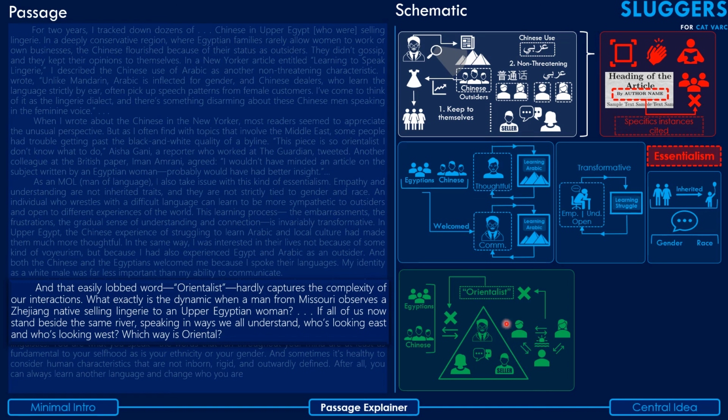And he goes on to make a very generic and strong point here, on a fundamental level, where he's saying that if all of us stand beside the same river, now he's not actually literally talking about standing beside the same river. What he means to say is that if all of us share a certain context, that we know where we are, what we're talking about, and speaking in ways we all understand, and while sharing the context, we also are able to use languages that we all understand, then who's looking east and who's looking west?